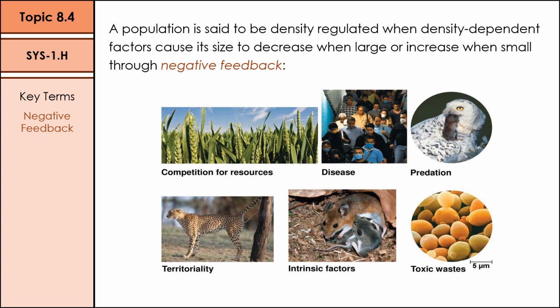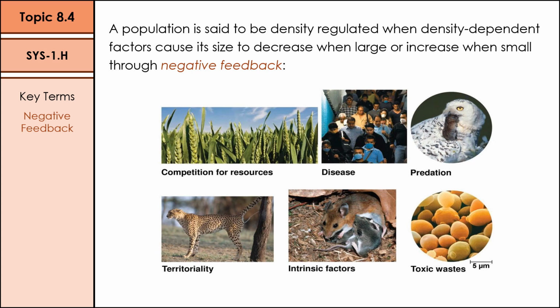So it may limit how much your population can grow. In addition to these, we've got things like intrinsic factors, how able those individuals are going to be able to deal with each other within that population. And finally, toxic waste. More individuals means more waste. You eat more, you make more waste.